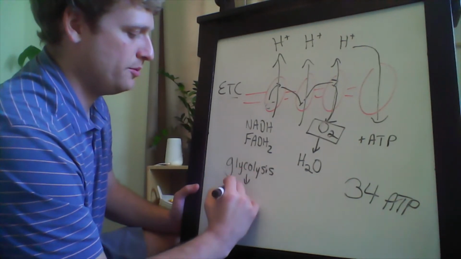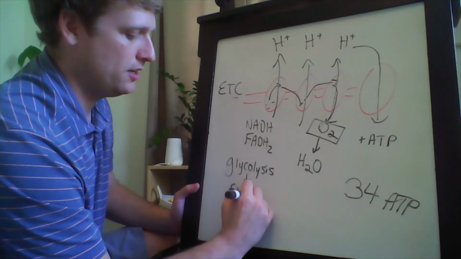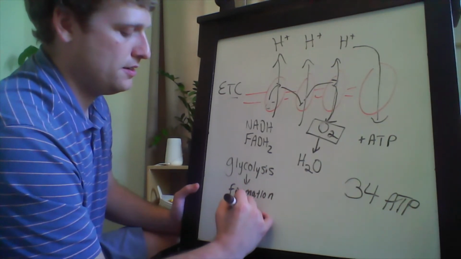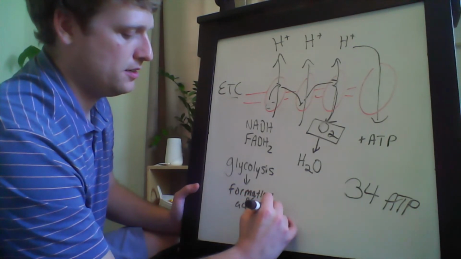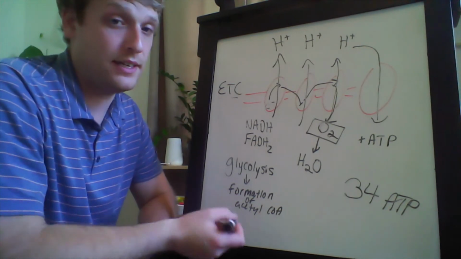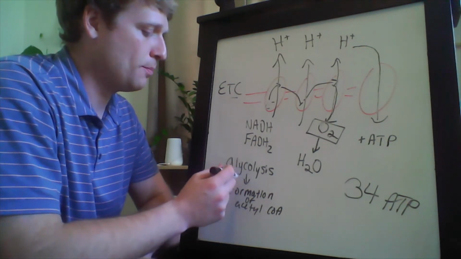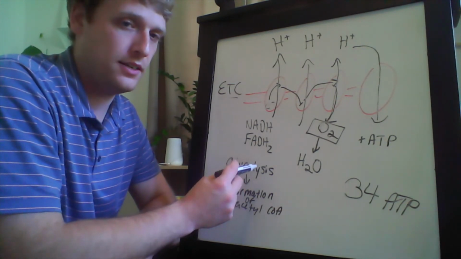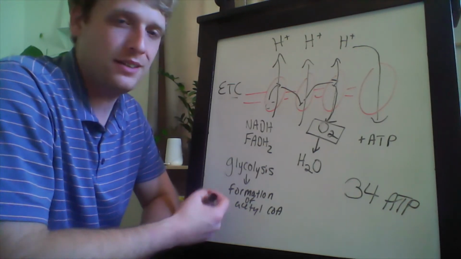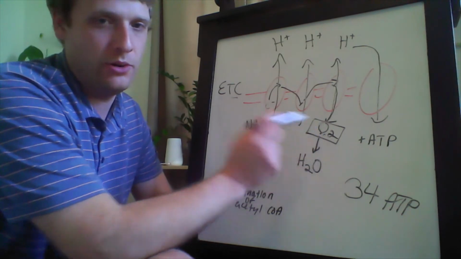The next step would be formation of acetyl-CoA. And for this to happen, this again occurs inside the mitochondria. For pyruvate formed through glycolysis to enter the mitochondria and get turned into acetyl-CoA, that's not going to happen if there's no O2 present.